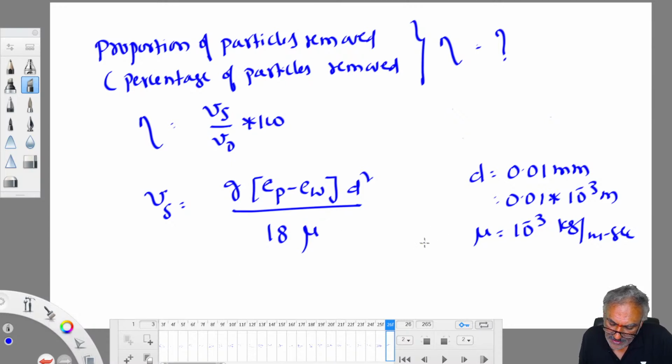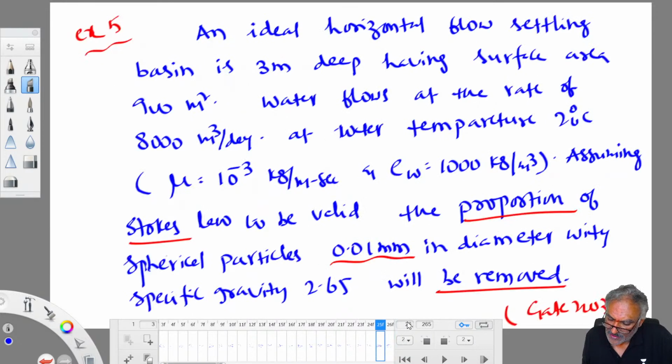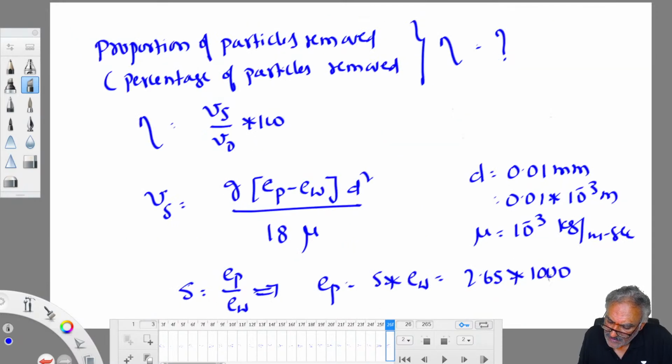So rho P is not given directly, it is indirectly given. The specific gravity of the particle is rho P by rho W, so rho P is equal to specific gravity into rho W. So it is 2.65 into 1000, so it is 2650 kilogram per meter cube.